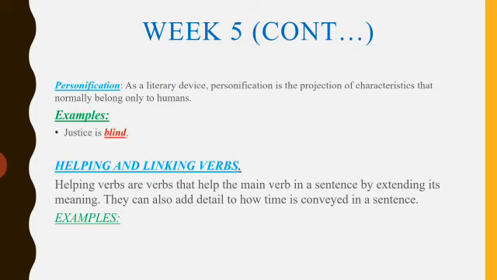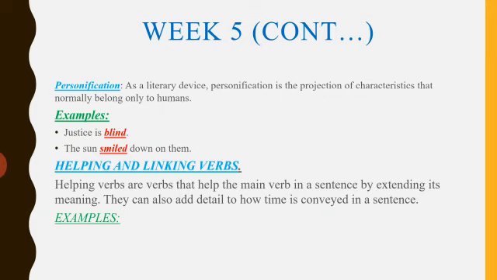The examples are justice is blind. So justice is never blind, but over here we are just personifying that justice is blind. And then the sun smiled down on them. So the sun doesn't smile, but we have given a human characteristic to the sun, so that is the personification.